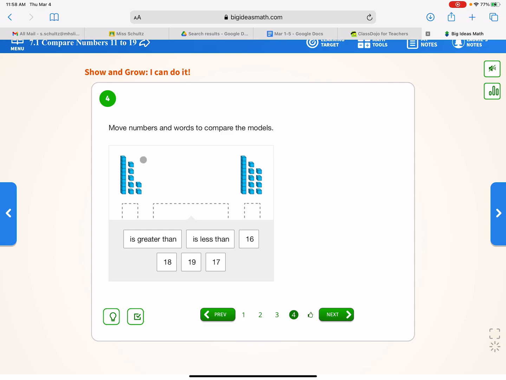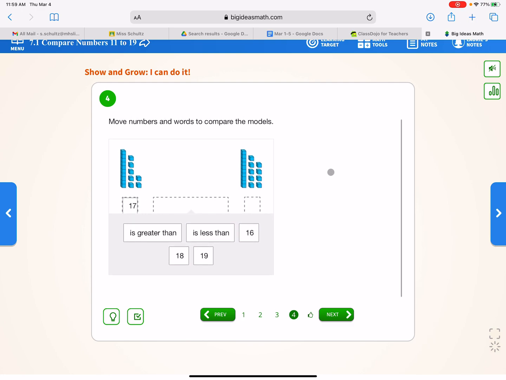Okay, so in this first model, how many do you guys see? I'll give you a couple of seconds to figure it out on your own. 10, 9, 8, 7, 6, 5, 4, 3, 2, 1. So we have 10, 11, 12, 13, 14, 15, 16, 17. We have 17 in this one.